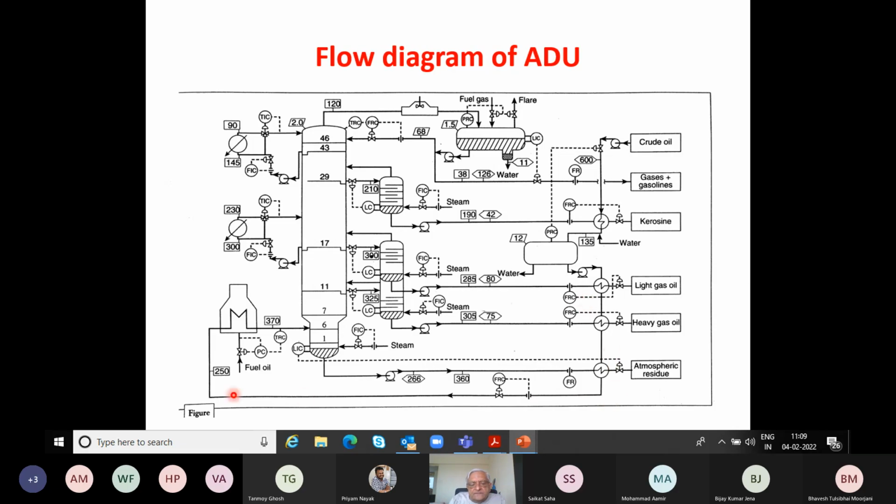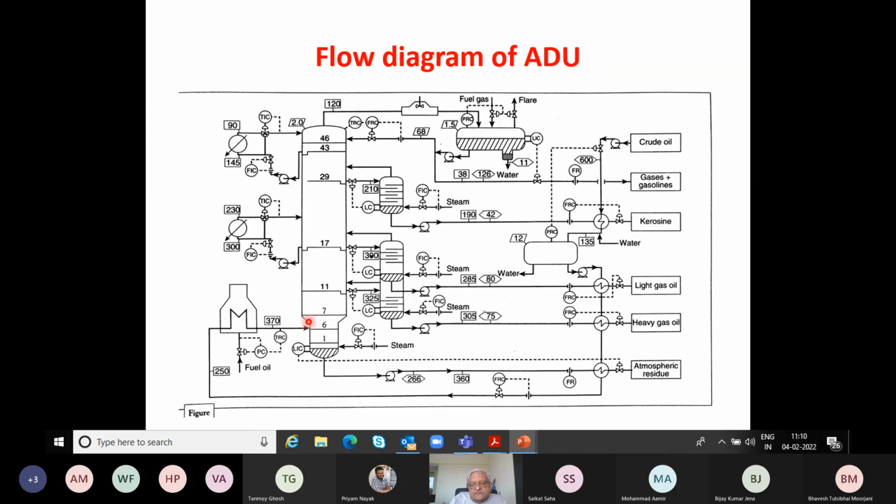And so after that, at about 250 to 270, the crude enters the furnace and gets heated up to the range of 360 to 370, 372. We don't go beyond that, otherwise it cracks. The amount of heat that we give to vaporize the crude is only to the extent that none of the long residue or atmospheric residue gets evaporated.